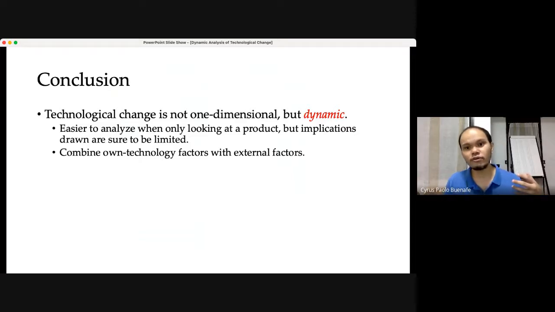So the idea with dynamic analysis is that we have to combine both groups. Okay, you have to look at the factors of the own technology, but you also have to look at external factors, factors of the new technology, factors of the industry, okay, factors of complementary products. Okay, and these are things that are important in determining how technological change will happen.